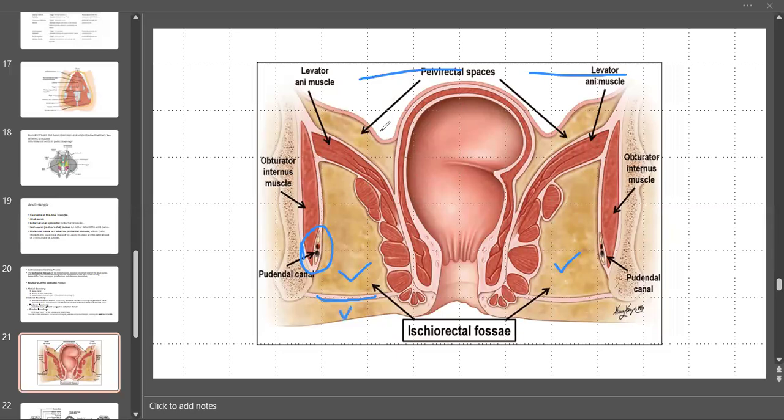Yes. Skin and fascia, perineal membrane. Really? Is this perineal membrane? You sit on the perineal membrane. Perineal membrane is not the most outside layer of the body.